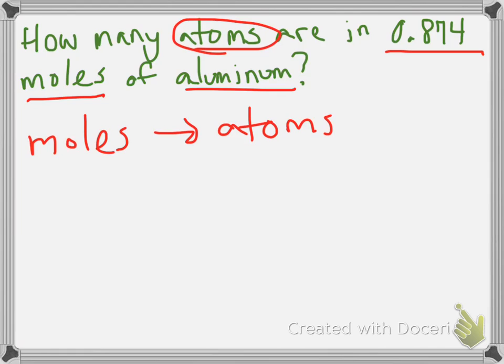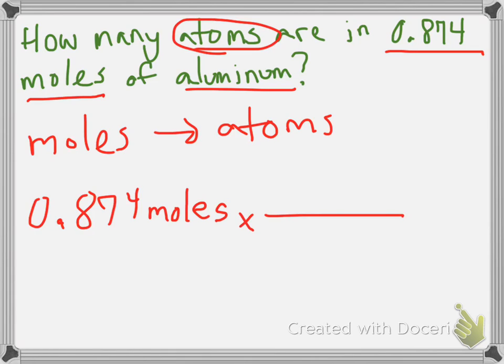So I start with my given, 0.874 moles, and I will convert it into atoms. Now I need to get rid of moles, so moles will go on bottom because a mole divided by a mole equals 1. So my mole units cancel out, and I am trying to convert it into atoms, so atoms goes on top.